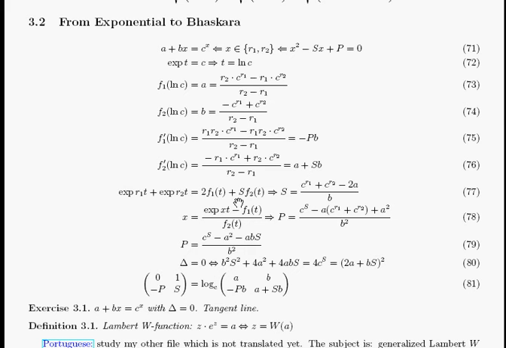Now we want S. To make S appear, we sum one exponential to another exponential, and appears 2 here and S here. Who is S?